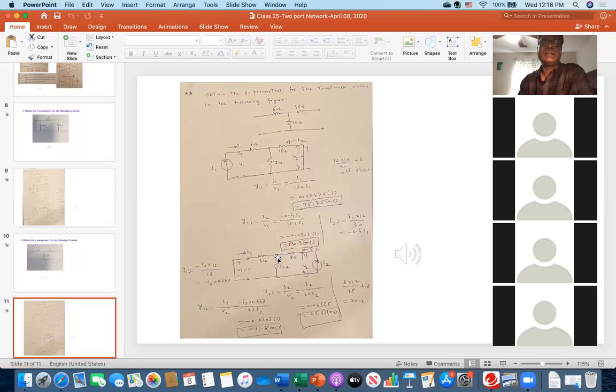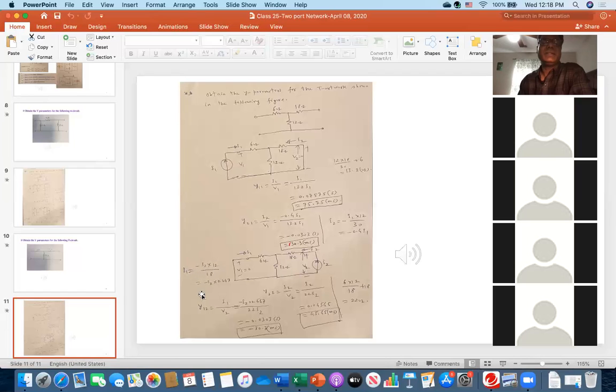That I2 is entering at this node, and it is divided into two components. Something is going through 12 and something is going through 6 ohm. You need to know how much is flowing through 6 ohm. So I1 equals minus I2, the total current, multiplied by 12, and in the denominator 12 plus 6 is 18.